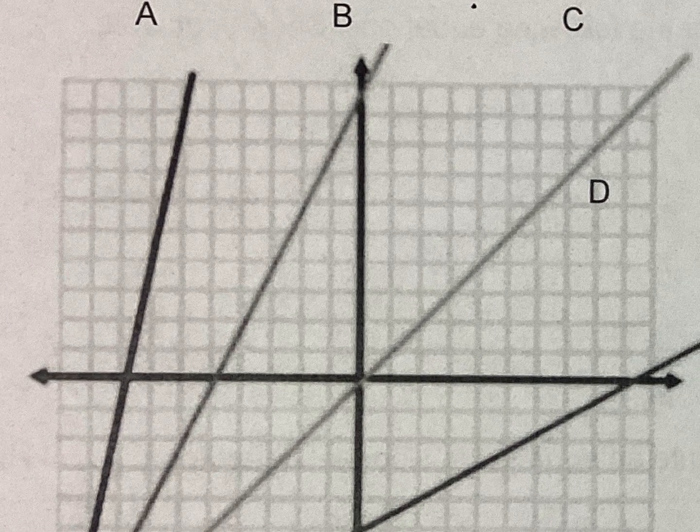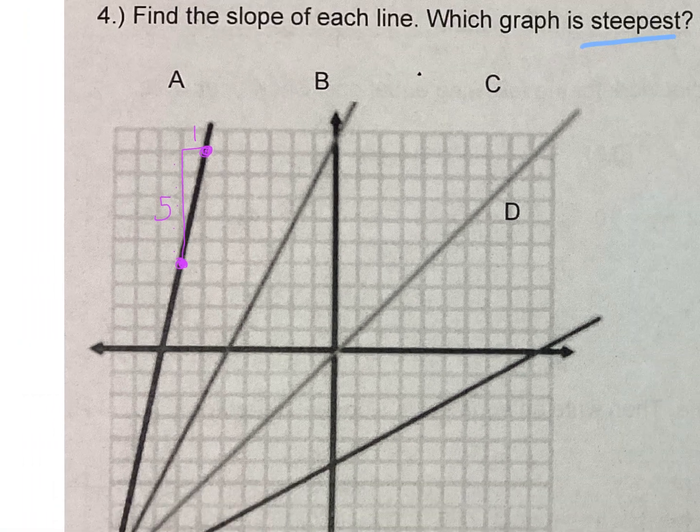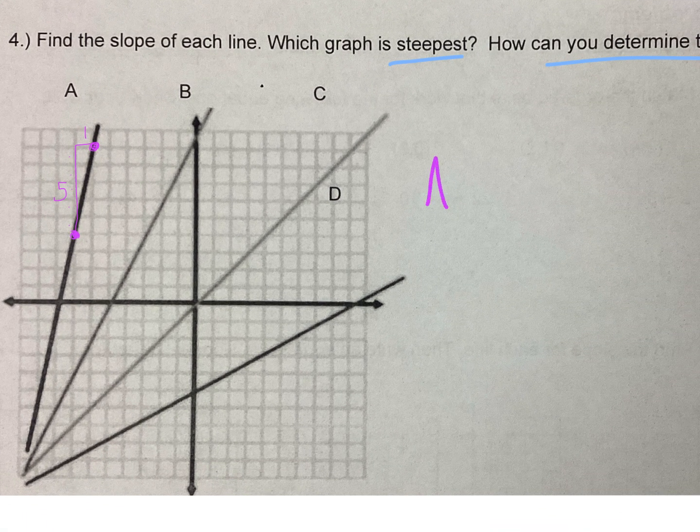Okay, so it looks like maybe right here is a good point on the graph, and then maybe right here. Okay, so then I draw the slope triangle, rise over run, and it rises 1, 2, 3, 4, 5, and runs 1. So graph A, the slope is 5 over 1, which is also the same thing as just 5.